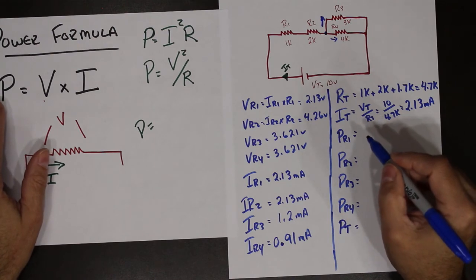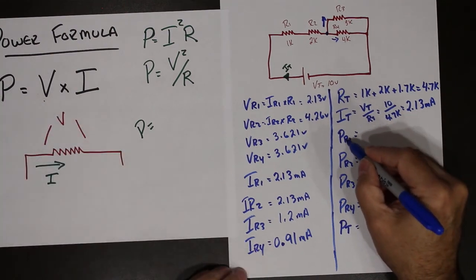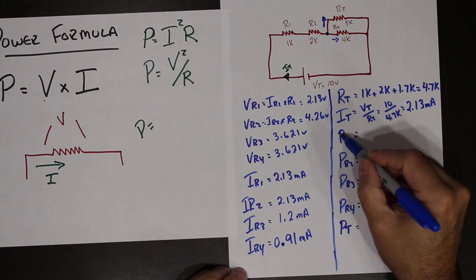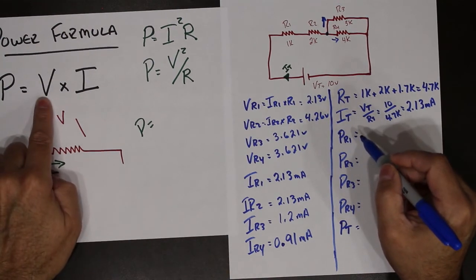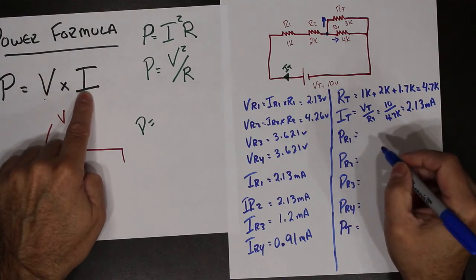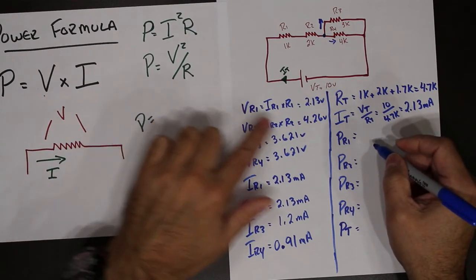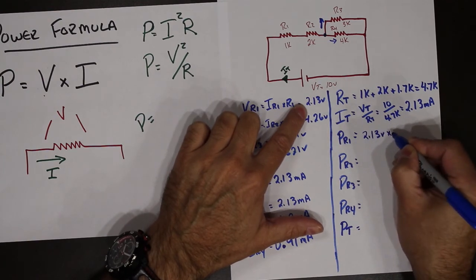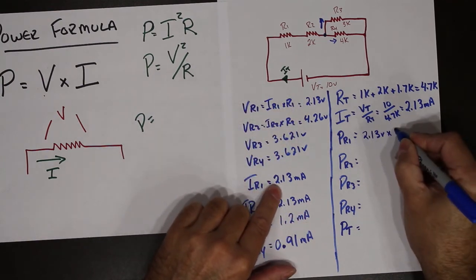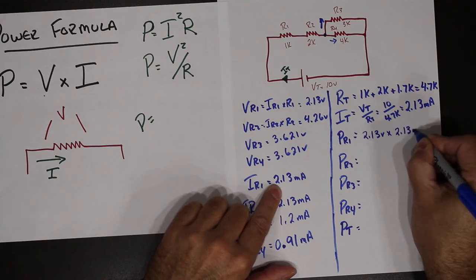Let's do this formula for the first one. Power of R1 is equal to the voltage across R1 times the current through R1. The voltage across R1 was 2.13 volts. The current through R1 was 2.13 milliamps.